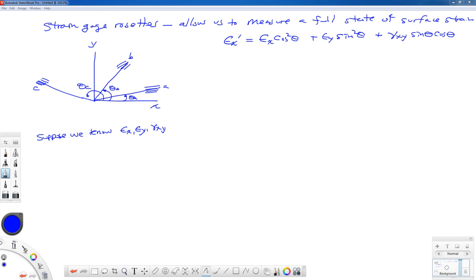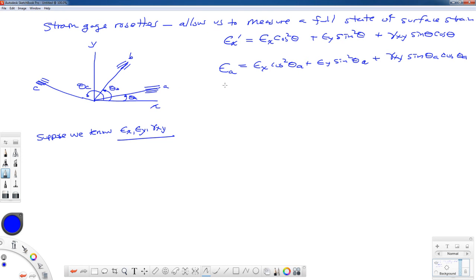We have 3 strain gauges, A, B, and C, and they're located at 3 different angles off the x-axis. If we know the original x and y coordinate strains, then I can write down that the A gauge reading should be equal to epsilon x cosine squared theta A plus epsilon y sine squared theta A plus gamma xy sine theta A cosine theta A. So that's what it should read if I know these strains to begin with.